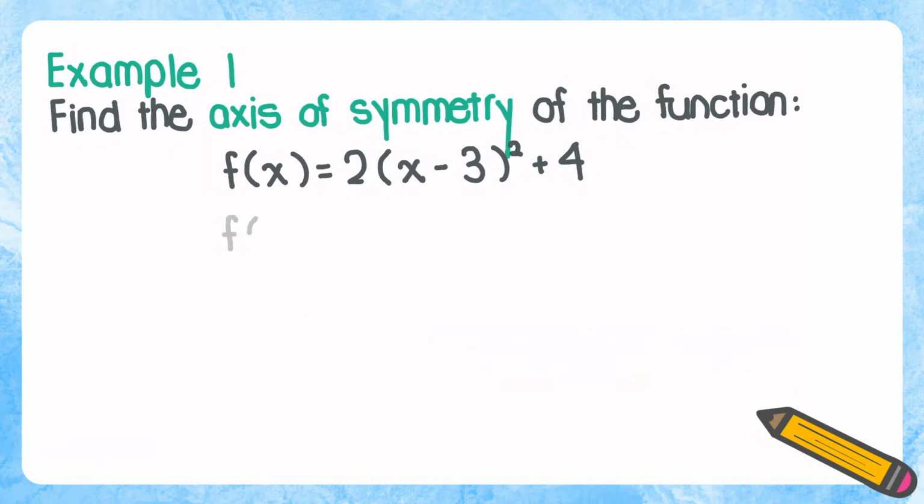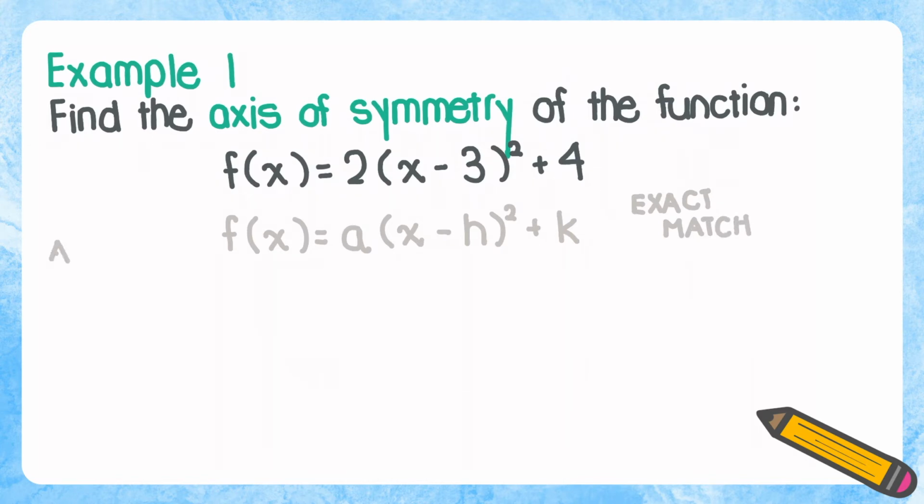So I write f of x equals a times x minus h quantity squared plus k. We have an exact match here. It's exactly the same form, and the axis of symmetry is the line x equals h.